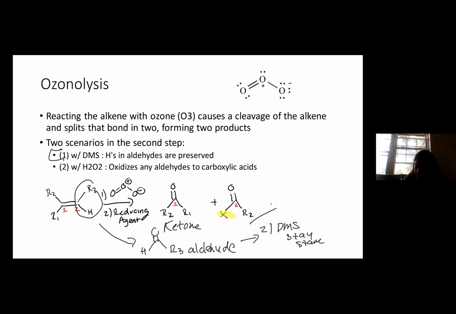But if step 2 is H2O2, what's going to happen is that instead of this being an H, it's going to be an alcohol, so it's going to become a carboxylic acid. So essentially, it oxidizes any aldehydes to carboxylic acids if there is an H2O2. Does that make sense? Are there any questions?